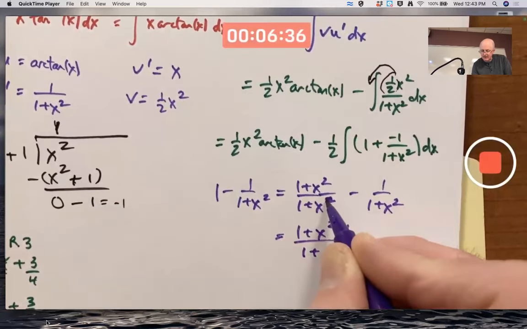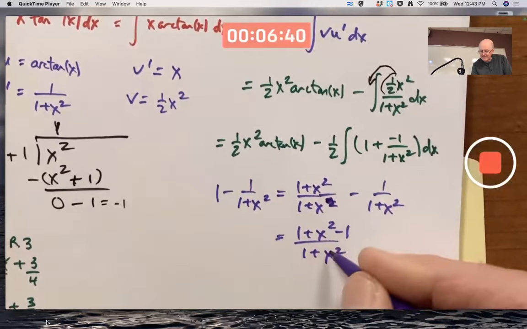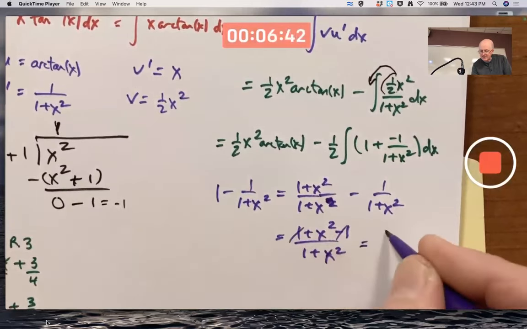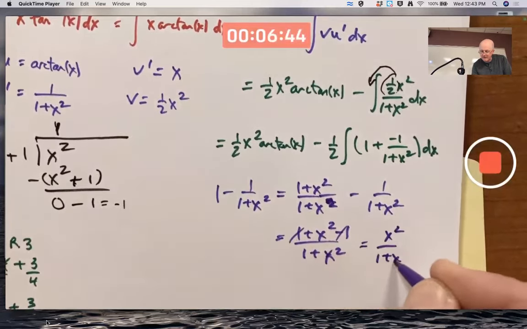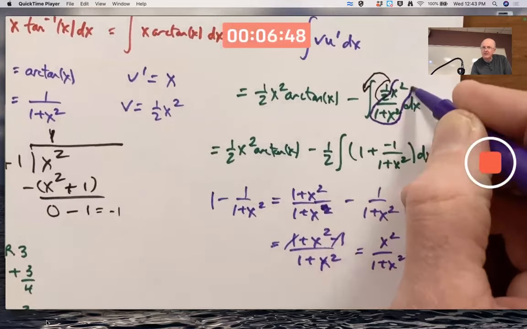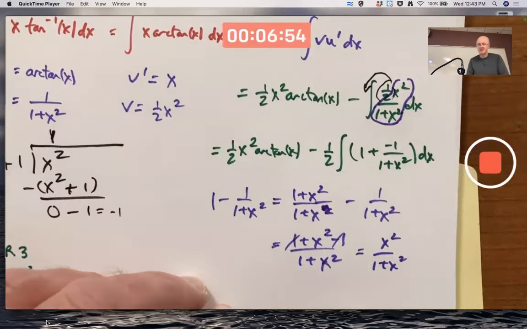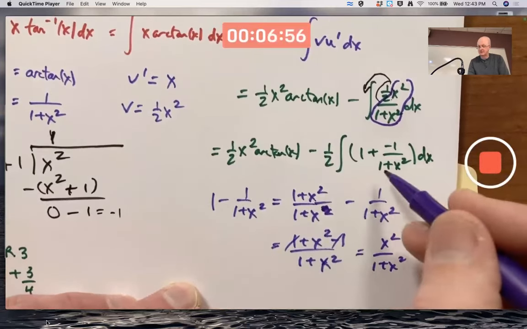That's a 2 there, by the way. The 1 and the -1 cancel, and you're left with x squared over 1 plus x squared. The same thing I wanted. Back up there again, I brought the 1/2 in front. So this subtraction confirms that this is the same as the original function.